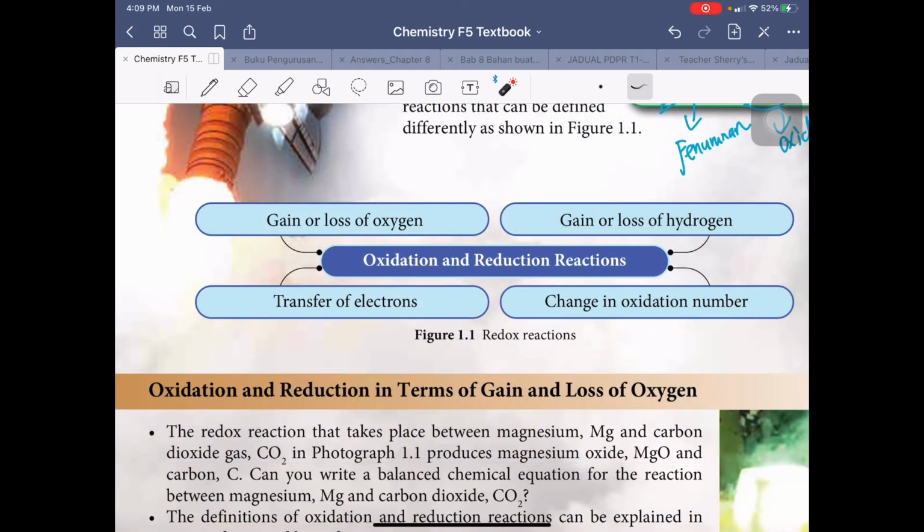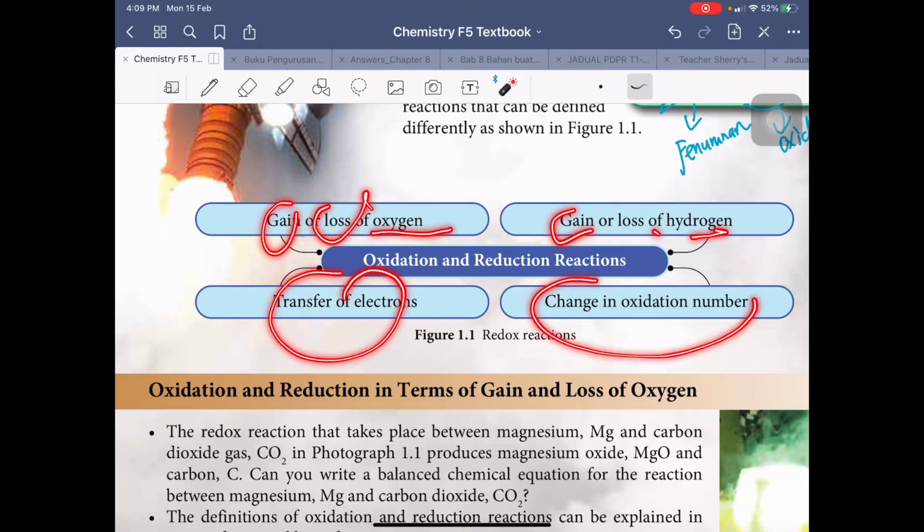Okay class, so to understand redox reaction, we need to understand these four terms first. We can explain whether a chemical reaction is redox reaction when we understand gain or loss of oxygen, gain or loss of hydrogen, transfer of electron, and change in oxidation number.